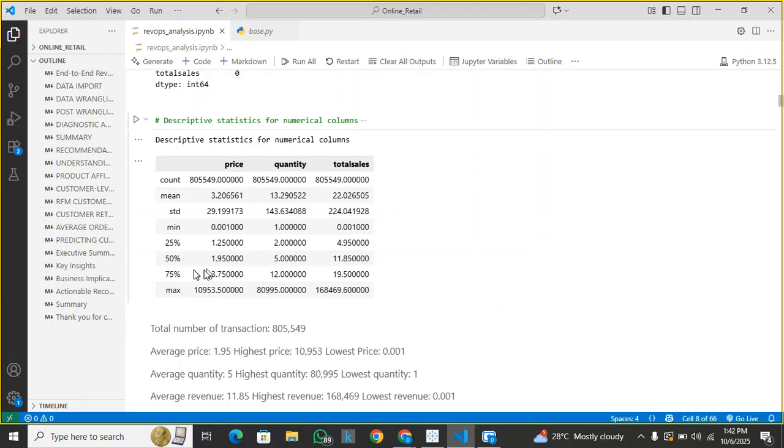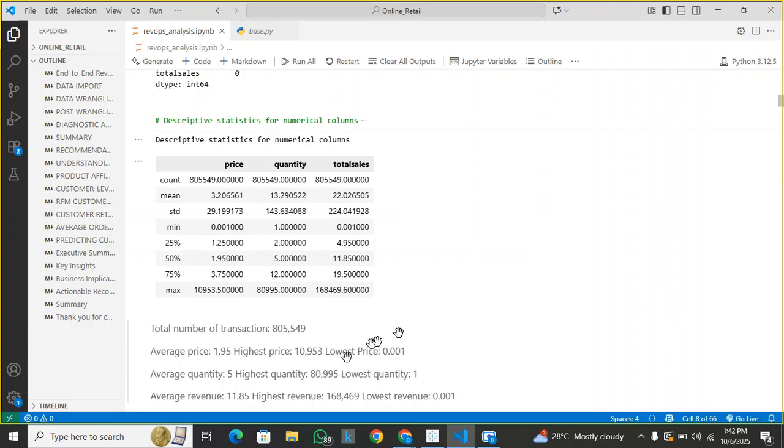I'm using the median as the measure of central tendency because we can see the outliers. The numerical columns have outliers, and the best measure of central tendency in this case is the median. So the average quantity of product bought in this business is five, the highest being 80,995 units, and the lowest being one.